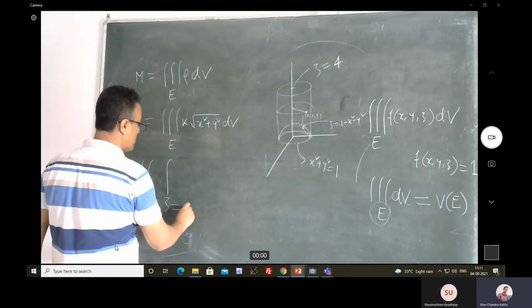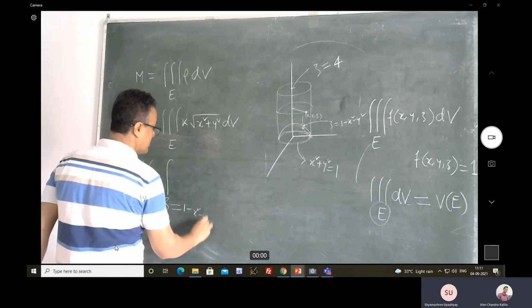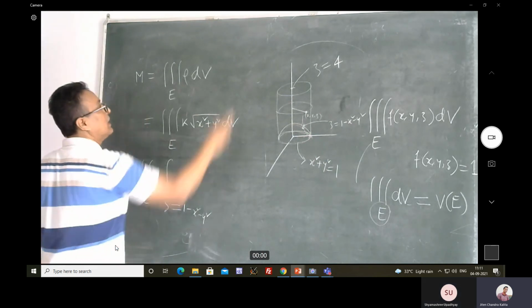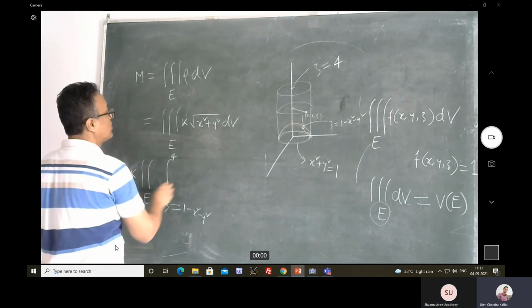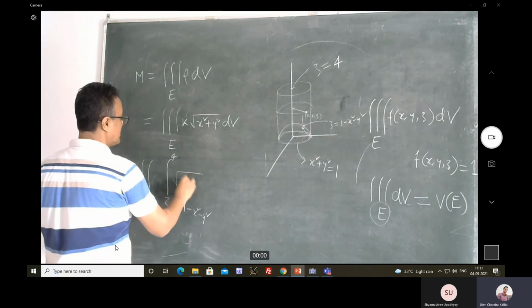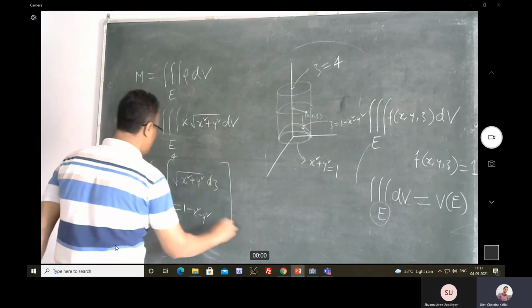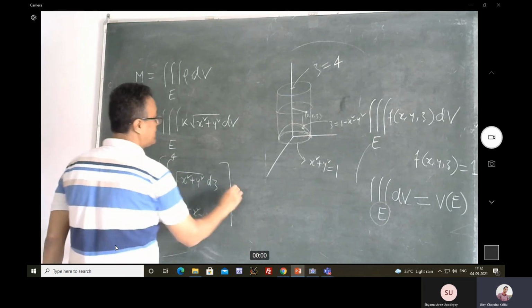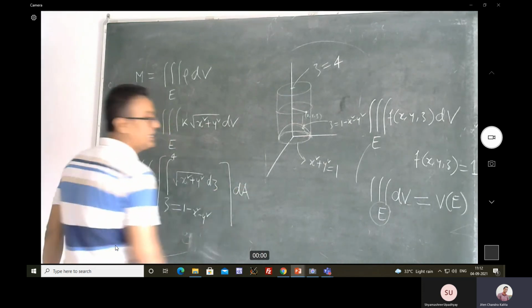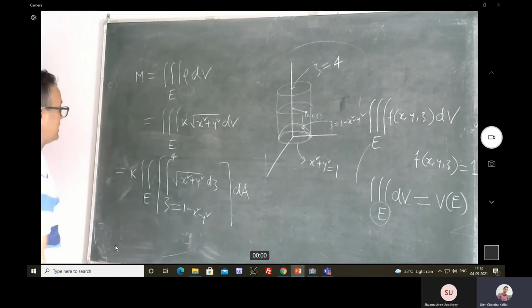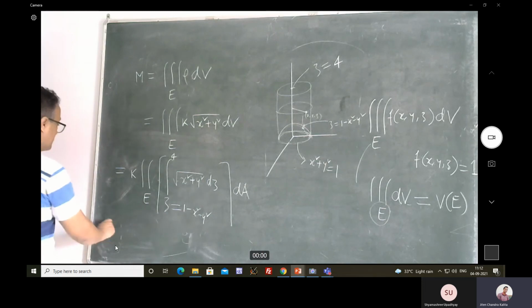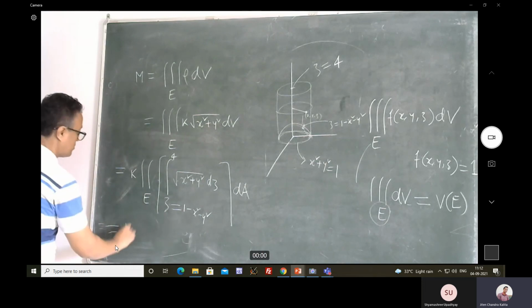So the integral is of the square root of x squared plus y squared, dz, and then dA.